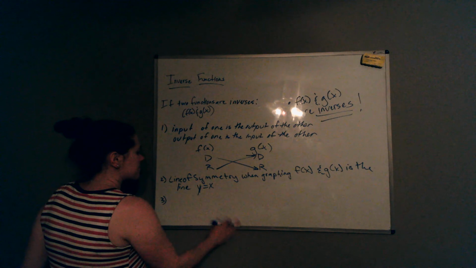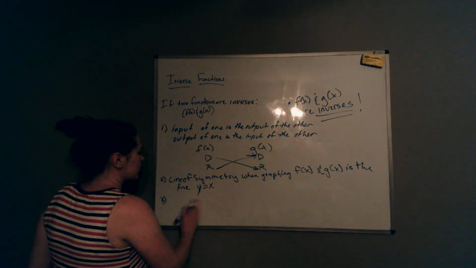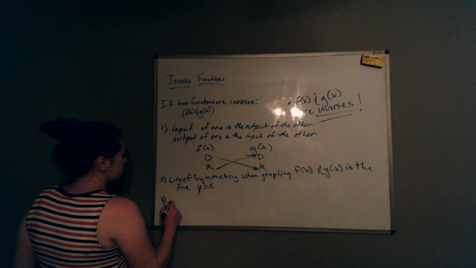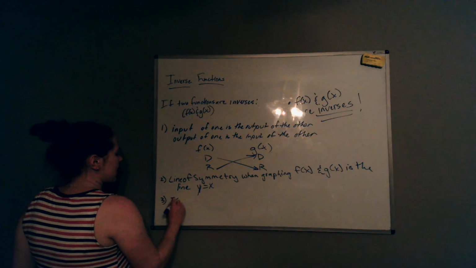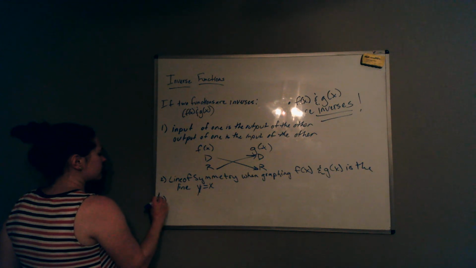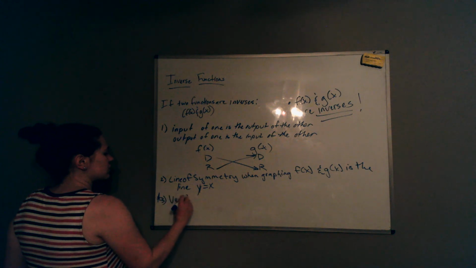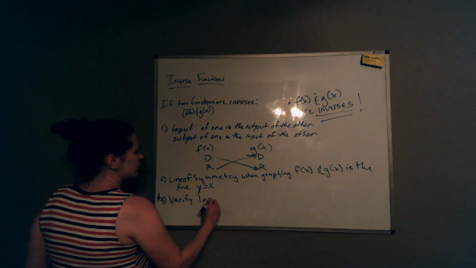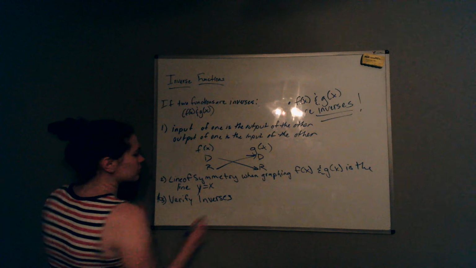Number three. So number three is, I'm going to write this because this is important. This is how you verify inverses. This is how you prove that two functions are actually inverses of one another.